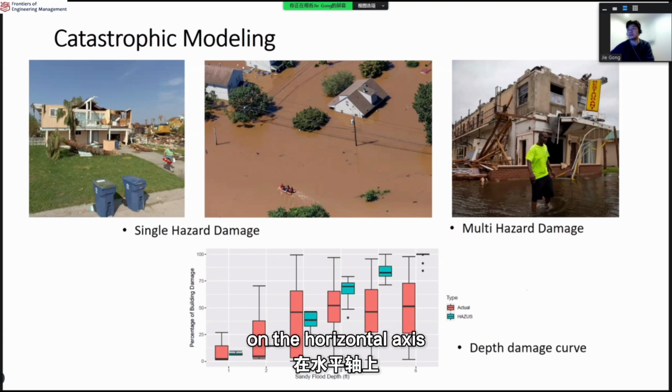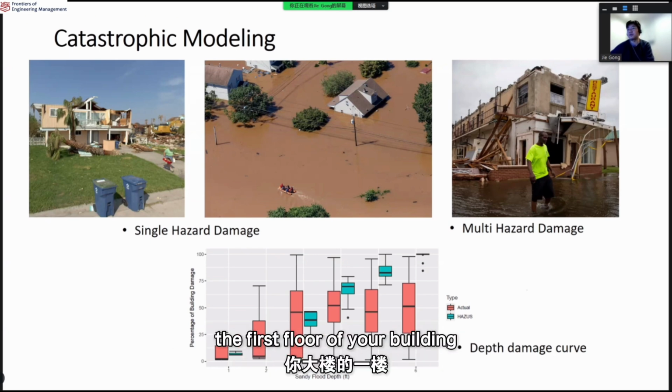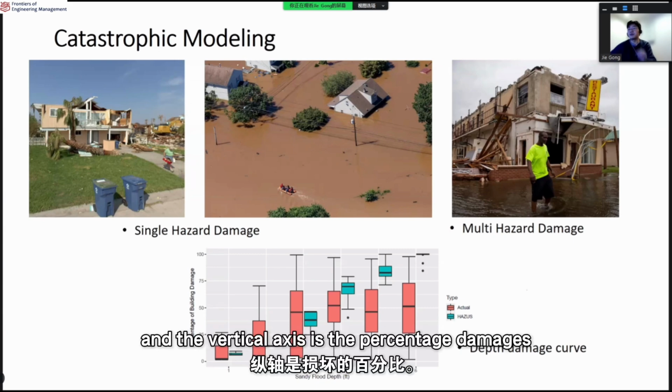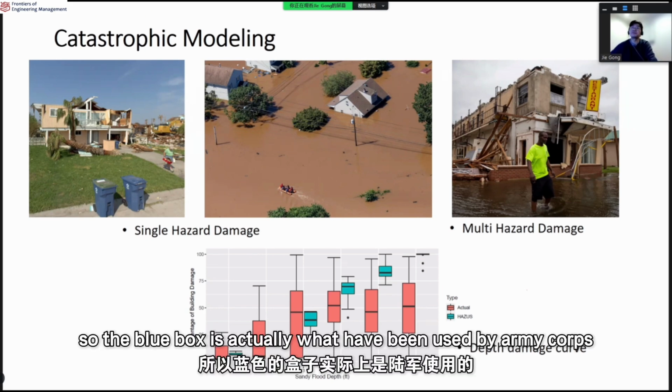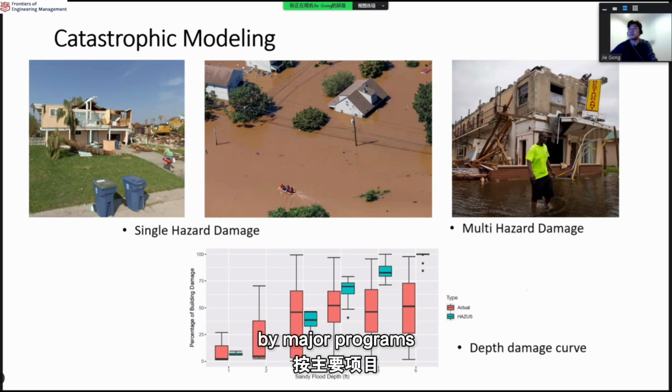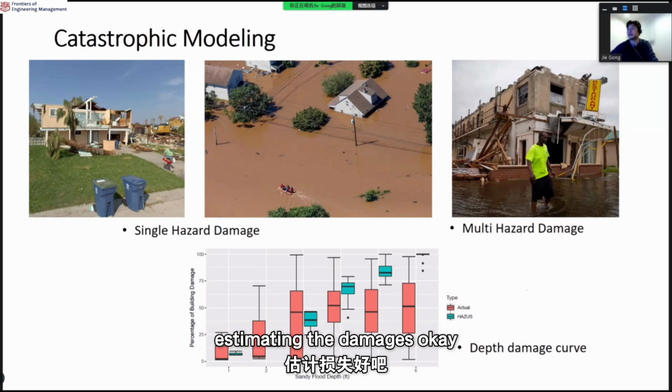The horizontal axis shows the depth of flooding above the first floor of your building, and the vertical axis is the percent of damage. The blue box is what is used by the Army Corps and by major programs, which communities and researchers use to estimate damages.